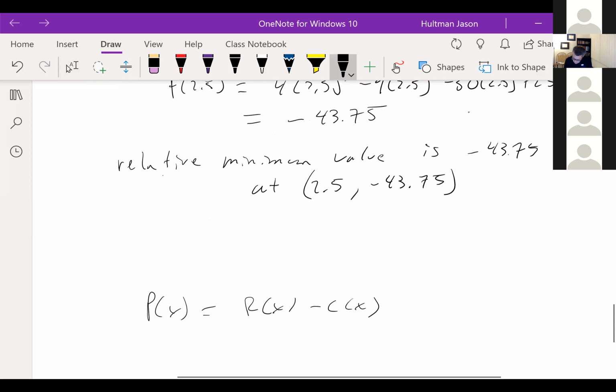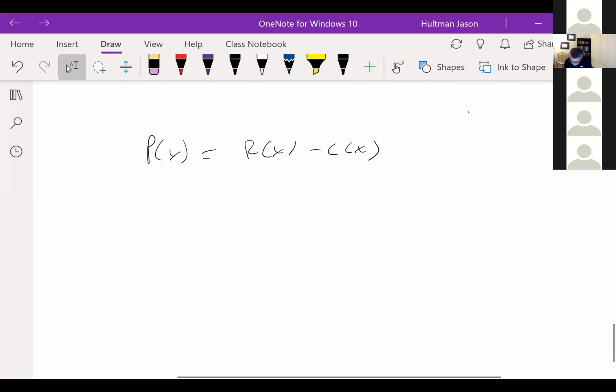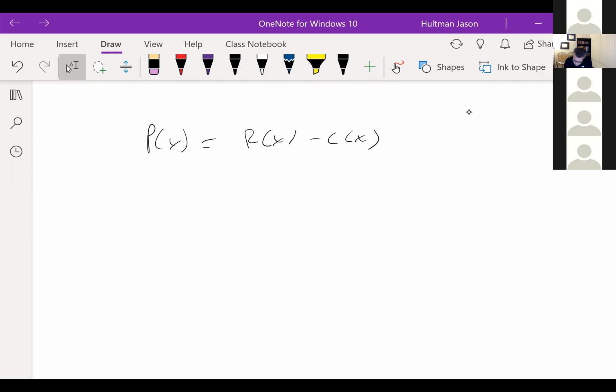and I say, okay, the profit function here, let's say that P of x is equal to 2x cubed minus x to the fourth.